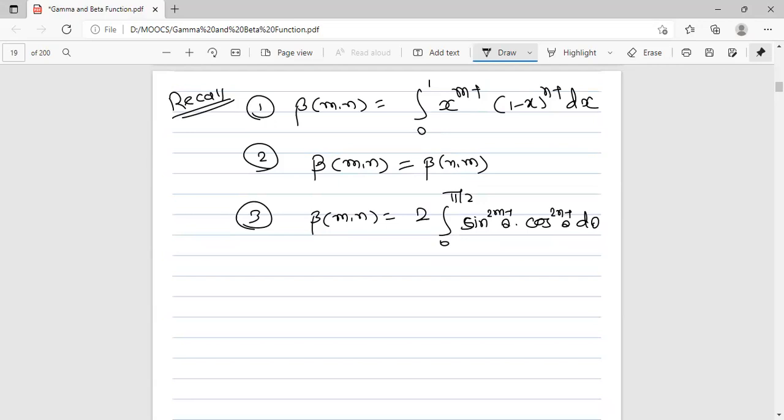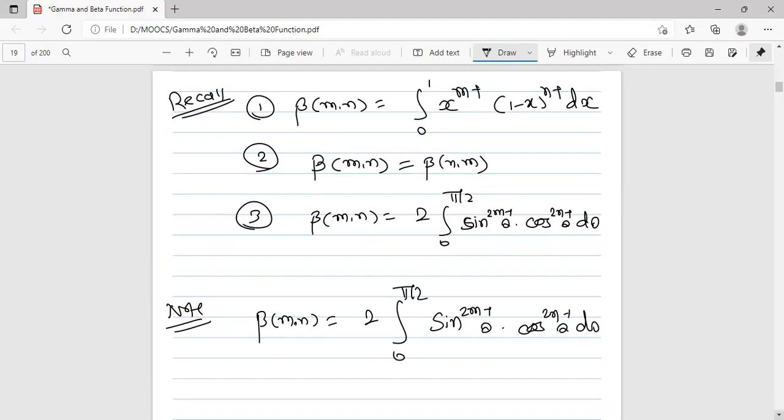Now, these are our basic results from the beta function. For this result, beta mn is equal to 2 into 0 to pi by 2 sine of 2m minus 1 theta into cos of 2n minus 1 theta d theta.